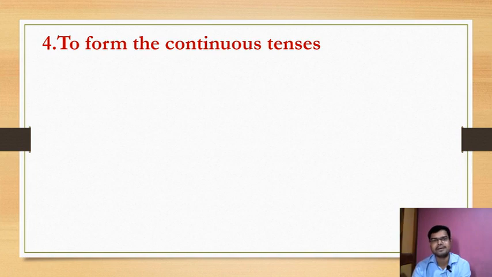In this example, I is the subject, am is an auxiliary verb or helping verb, and baking is the main verb, meaning continuous tense is there, and at the last we have to use an object, that is a cake. Correct? So let's take some examples so that you can understand the same very easily.